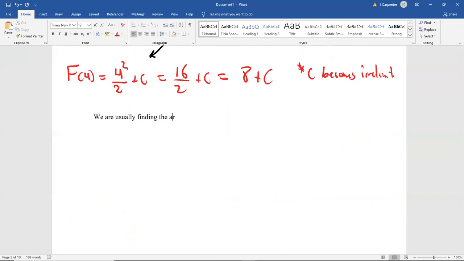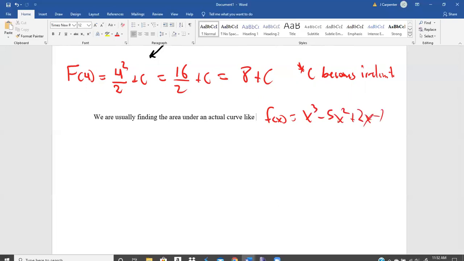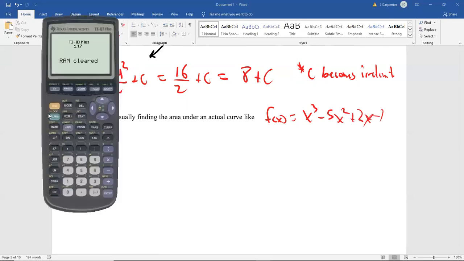Most of the time, we're usually finding the area under an actual curve, like f of x equals x to the third minus 5x squared plus 2x minus 1. And if you go to graph that, maybe you want to find the area under this curve from 0 to 4.